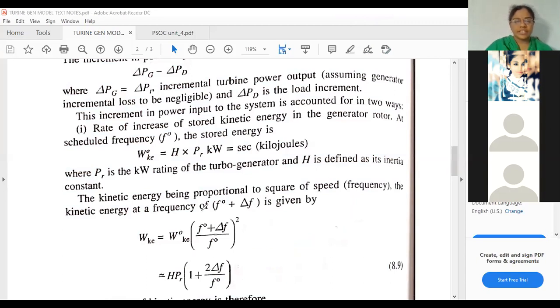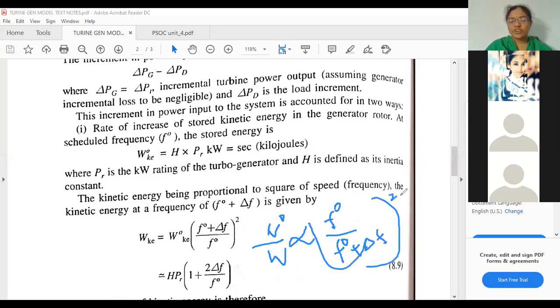See here, from this we can say this is a kinetic energy. So I am saying initial kinetic energy divided by the change in kinetic energy is proportional to the initial frequency by the change in frequency whole square.